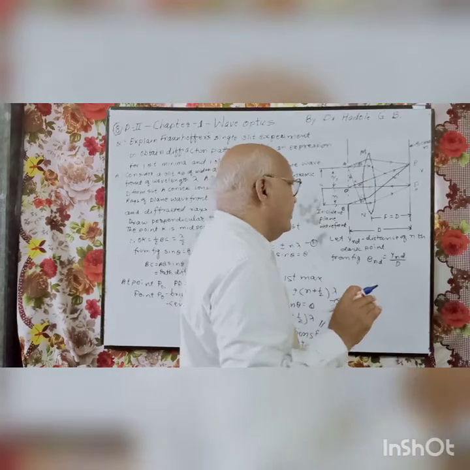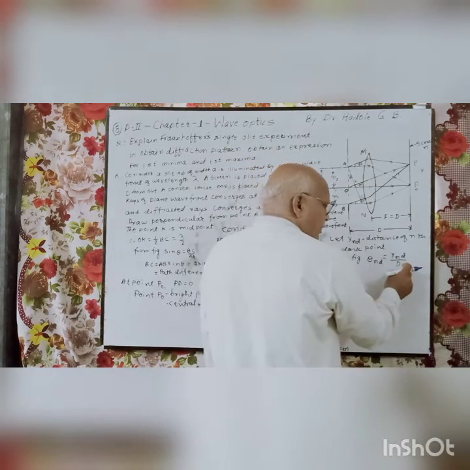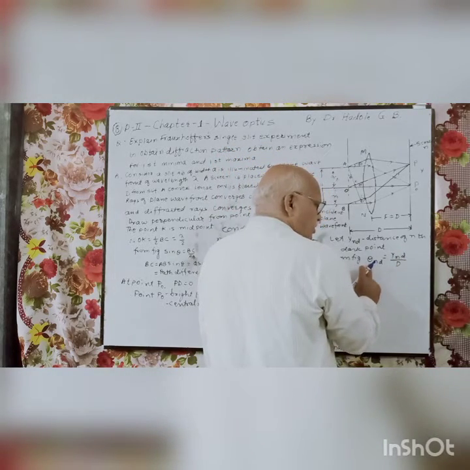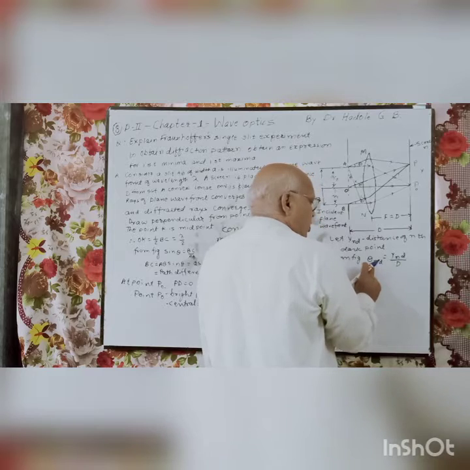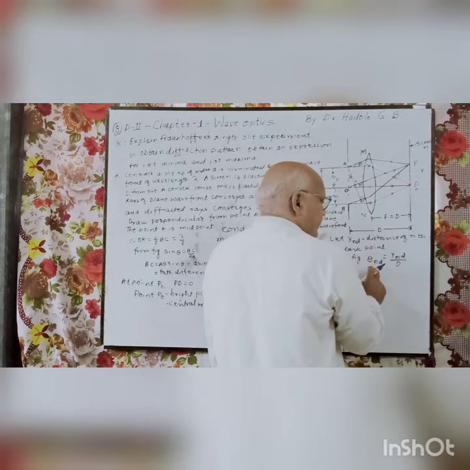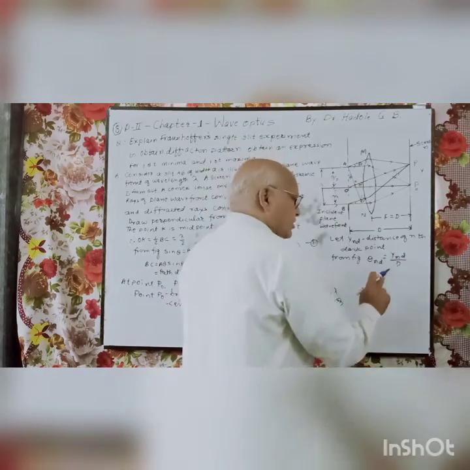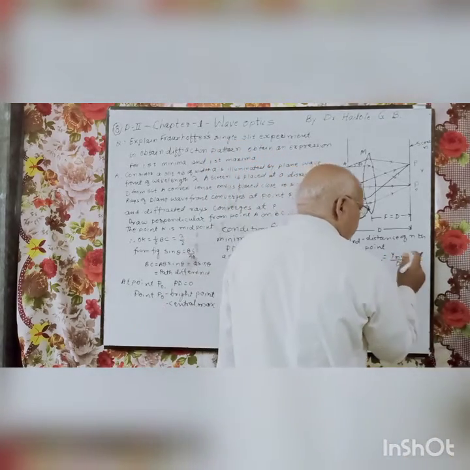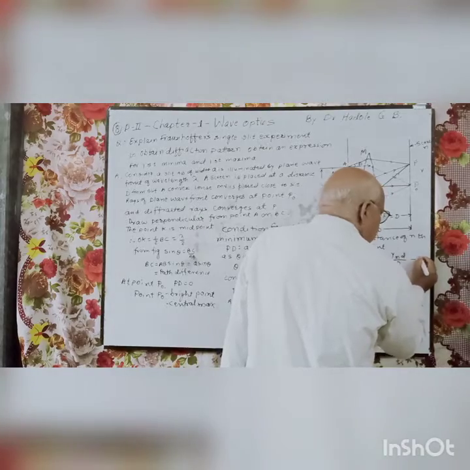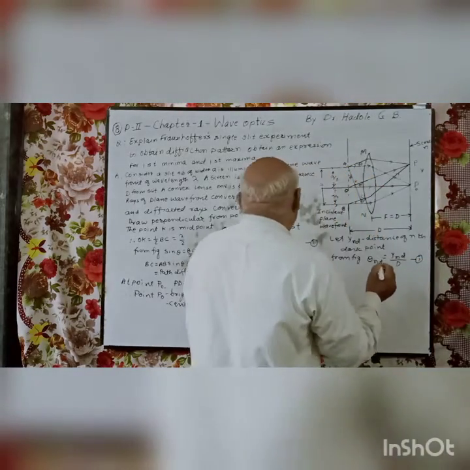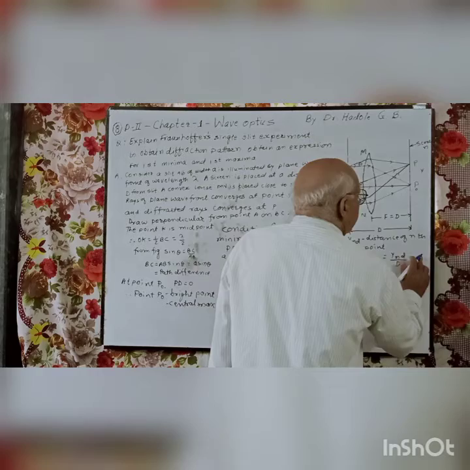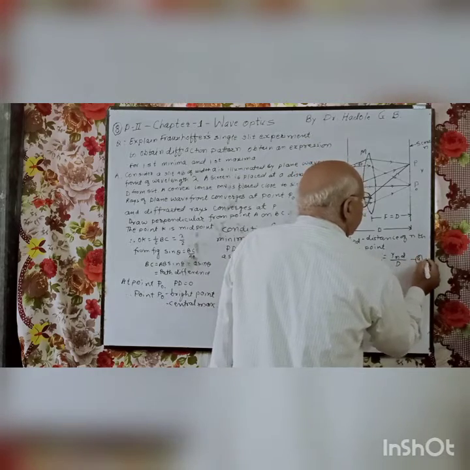Tan theta nd equals y nd upon capital D. As theta is very small, tan theta nd equals theta nd, which is equal to y nd upon D. This is equation number 1, or I'll write it as equation A.